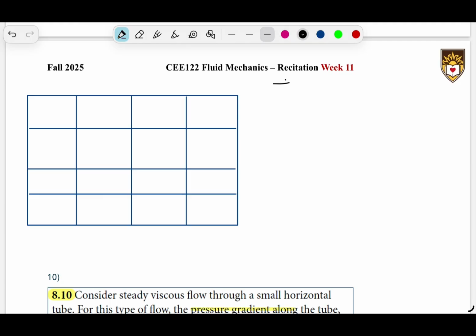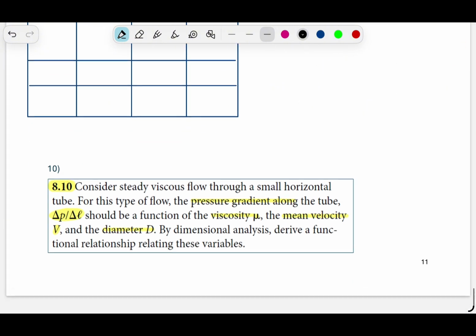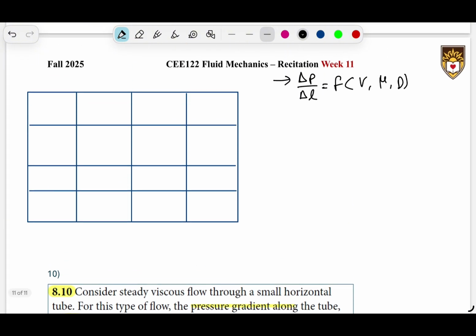So this means the pressure gradient is the function of velocity, viscosity, and diameter. So again, let's write everything here. We have viscosity, velocity, and diameter. So you can find dimensions.